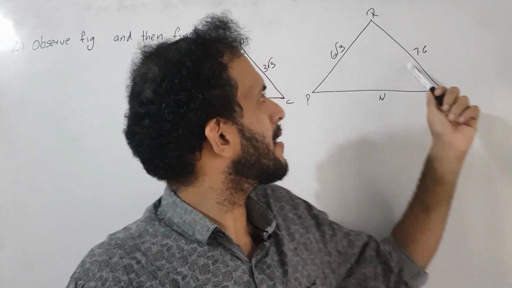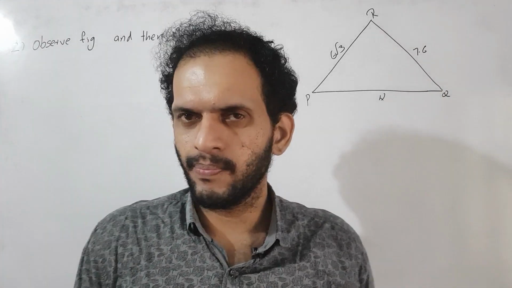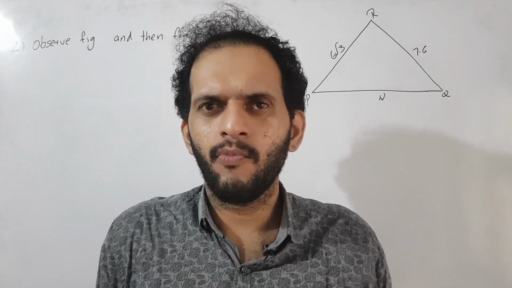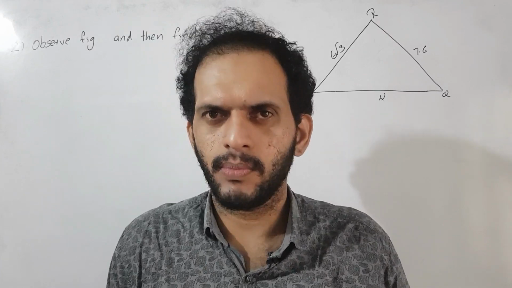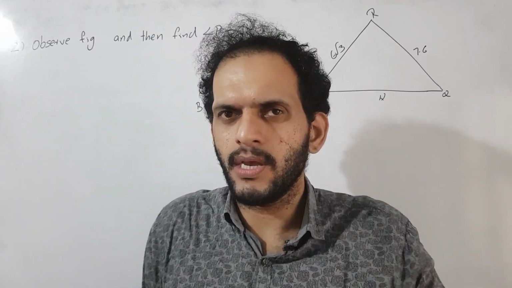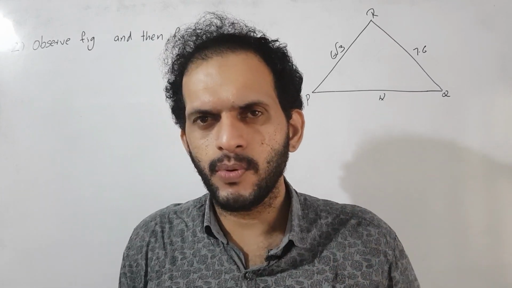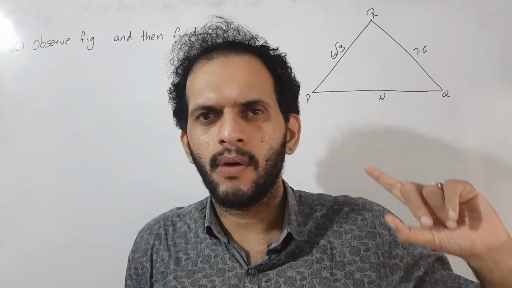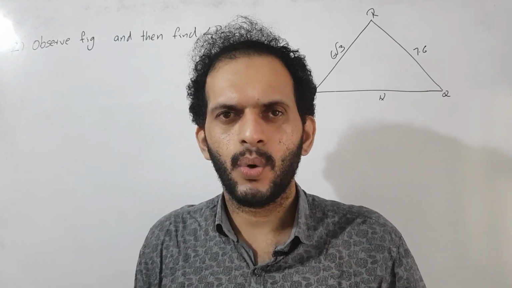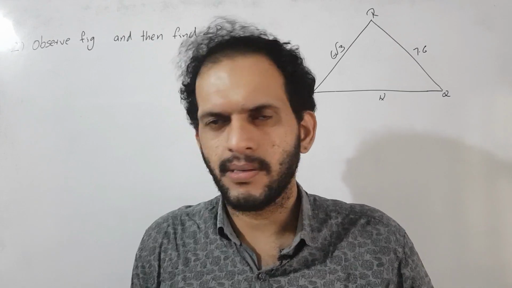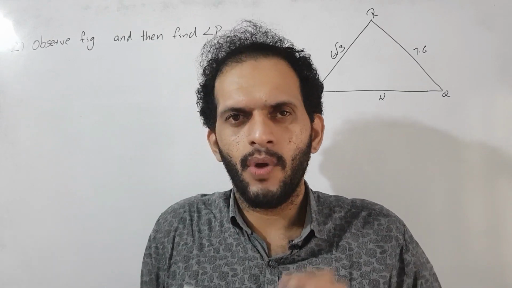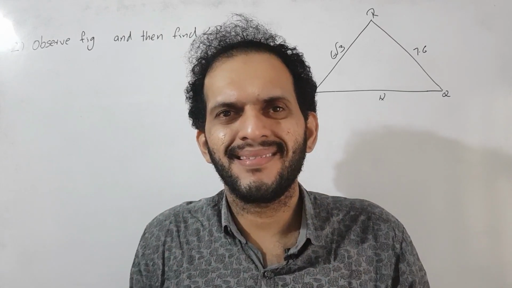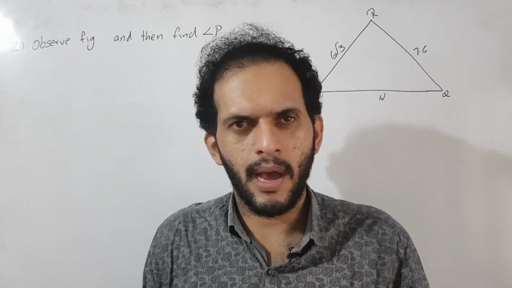Correct? Because in the second triangle we do not have any angle. So in both triangles we have only the side measurements. So it's very clear we want to prove the similarity of these two triangles by using the rule SSS. Why? Because we know only the side measurements of both triangles.